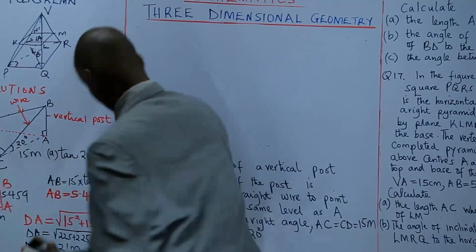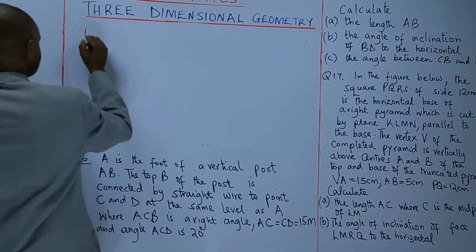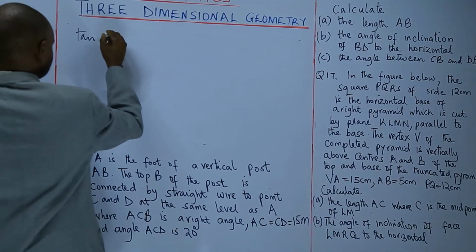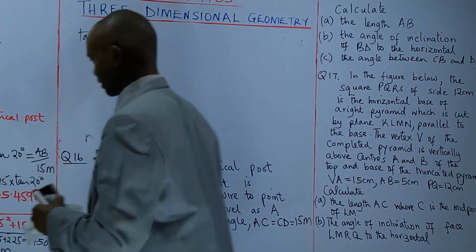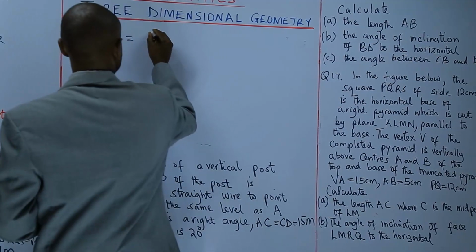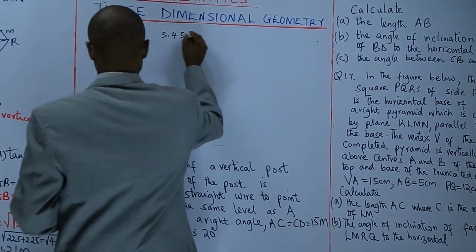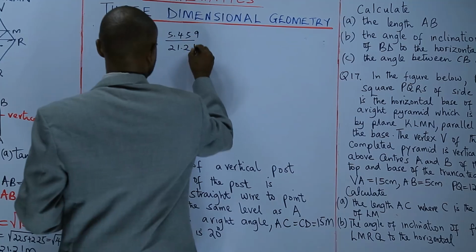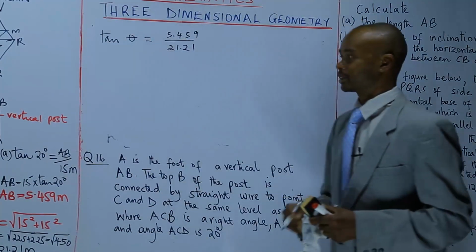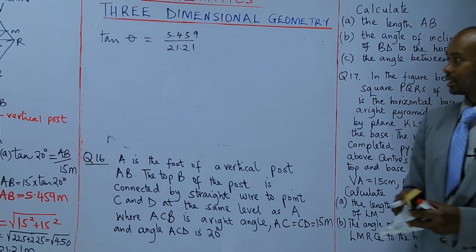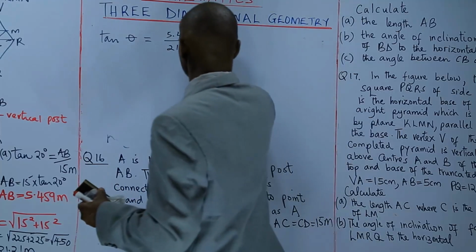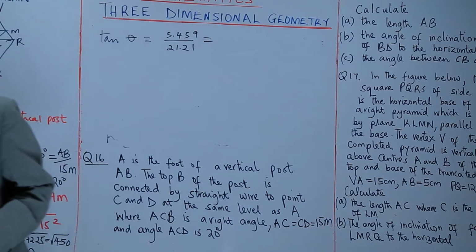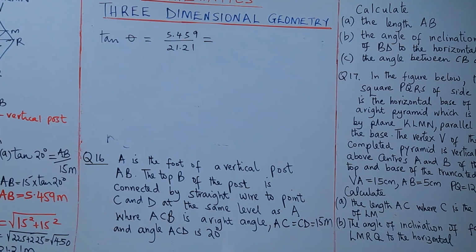So I'll use these. Tan theta from that triangle will be 5.459 over 21.21, that is opposite over adjacent. You punch it quickly with your calculator.